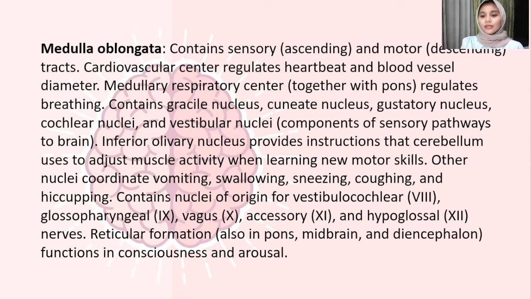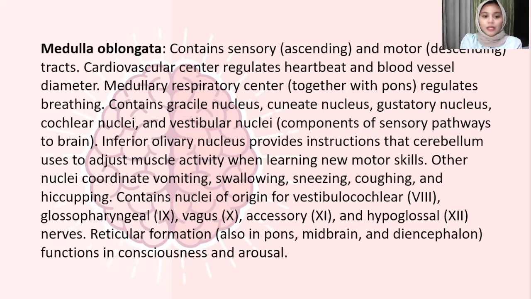They are components of sensory pathways to the brain. The inferior olivary nucleus provides instructions that the cerebellum uses to adjust muscle activity when learning new motor skills. Other nuclei coordinate vomiting, swallowing, sneezing, coughing, and hiccuping.